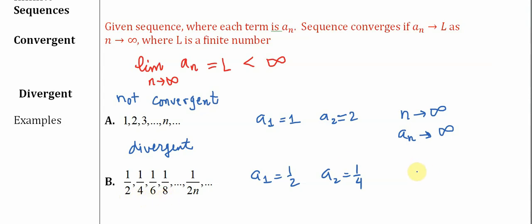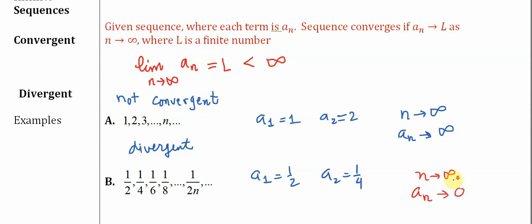As n approaches infinity, a sub n gets really small, and in fact it's getting closer and closer to 0.